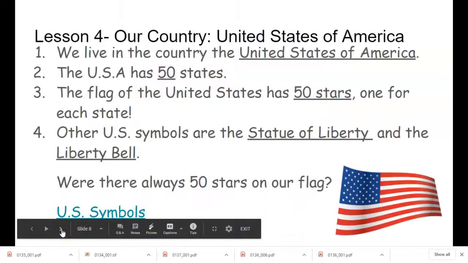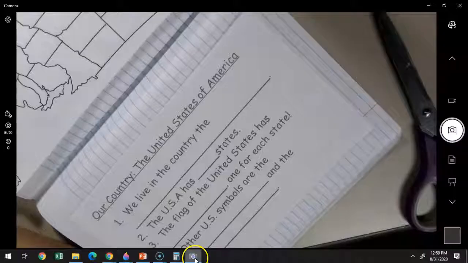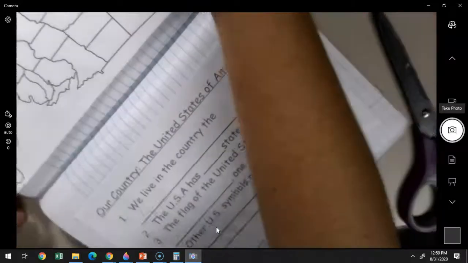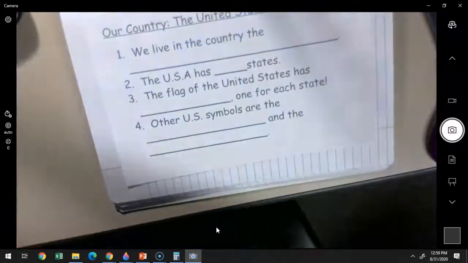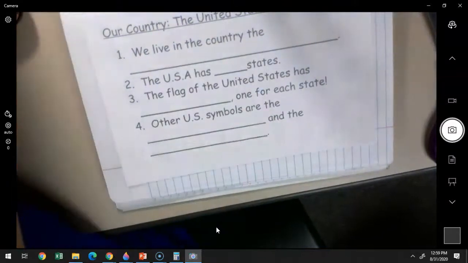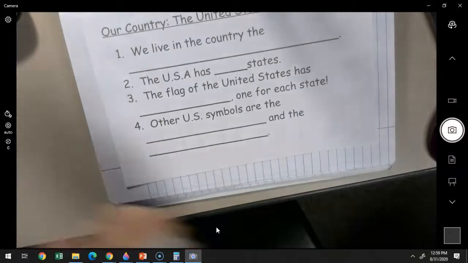Well, we live in the country of the United States of America. So on your notes, you are going to fill in the name of our country.